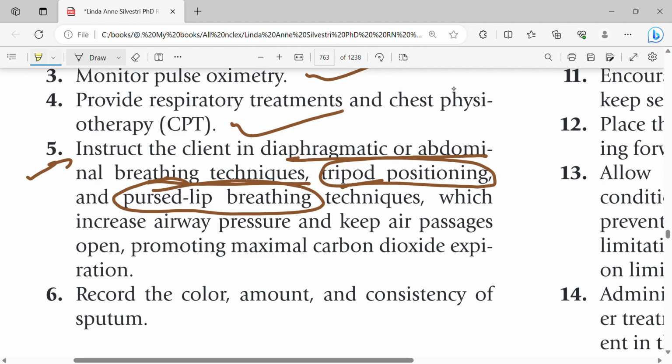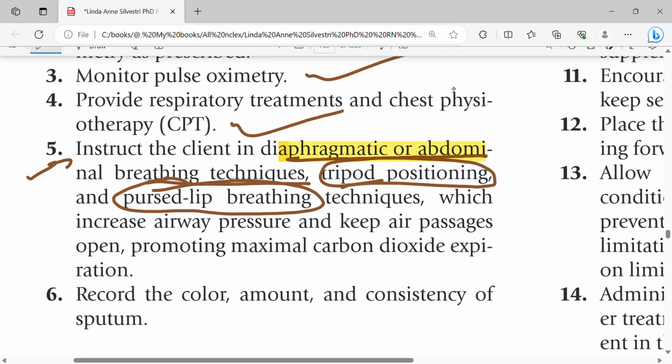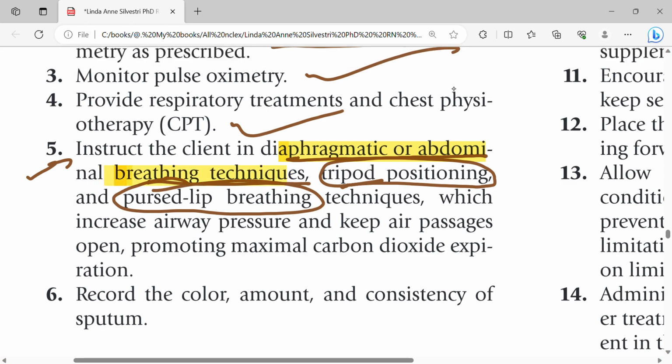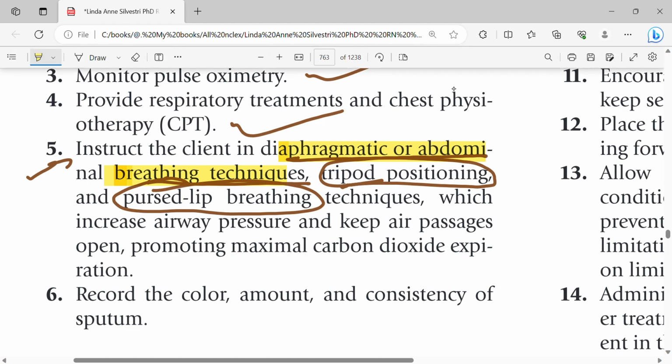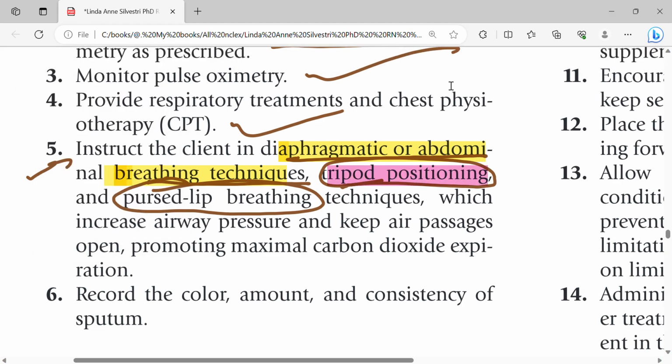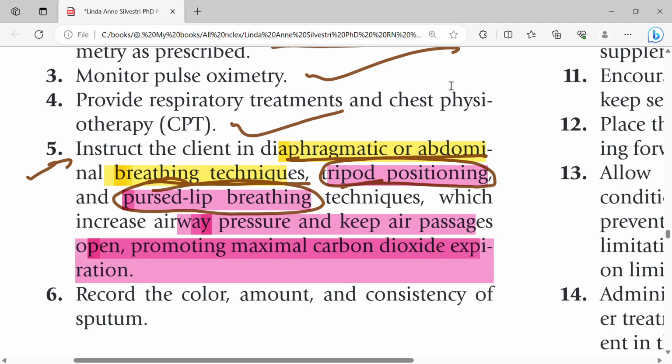These techniques increase the airway and keep air passages open, promoting maximal carbon dioxide expiration.